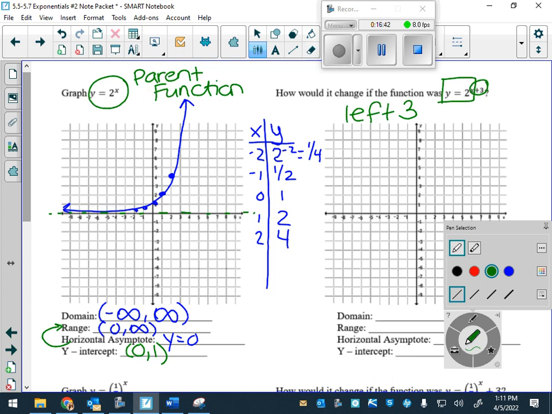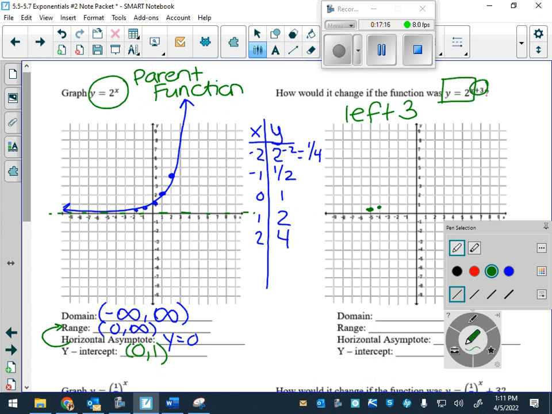So what is changing? What values are changing? Yeah, Jackson. The x values. So -2 will now become what? -5. -5 and 1/4. Okay. -1 will now become what? -4 and 1/2. Good.